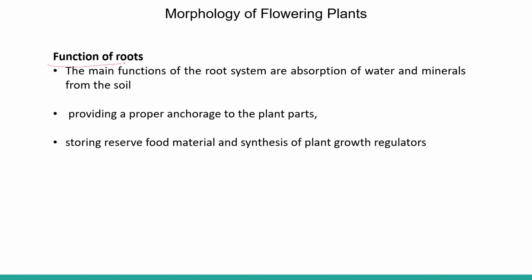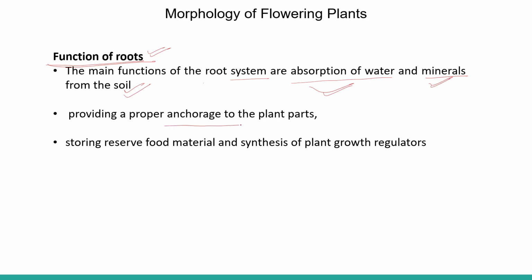Functions of roots. So we have covered the three different types of roots: taproot system, fibrous root system and adventitious root system. The main functions of the root system are absorption of water and minerals from the soil. So this is the main function. They help in absorption of water and absorption of minerals.